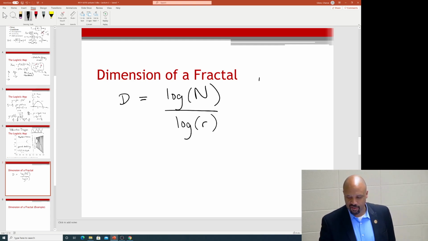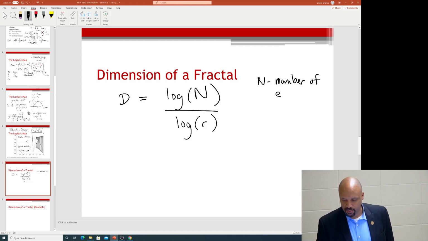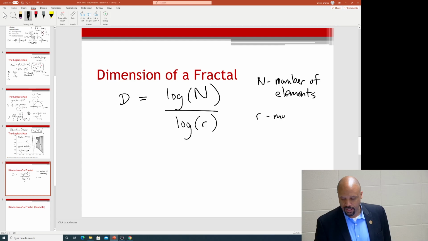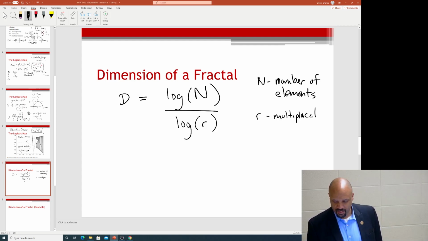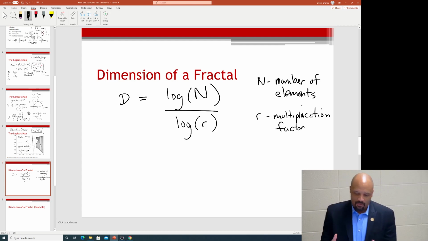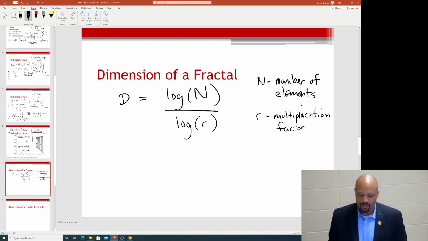So n is the number of elements, and R is the multiplication factor. Now what is a multiplication factor? It actually is how small the units are shrinking.